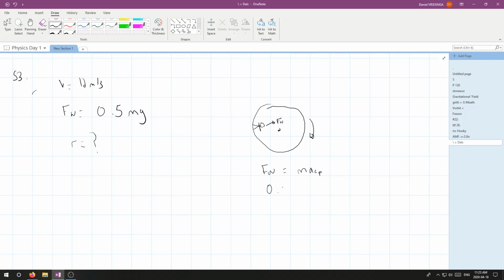We said that this is 0.5 times mg, and that's equal to mv squared over r. The masses will cancel, which is good, and I'm trying to find r, so r is equal to v squared over 0.5 g, just bringing this down, swapping with the r, and that will give you the radius of the spaceship. Those questions are actually quite easy once you get the idea of what they're asking.